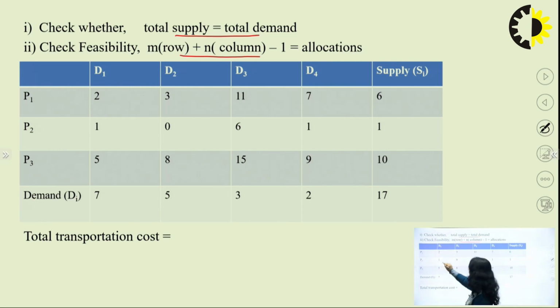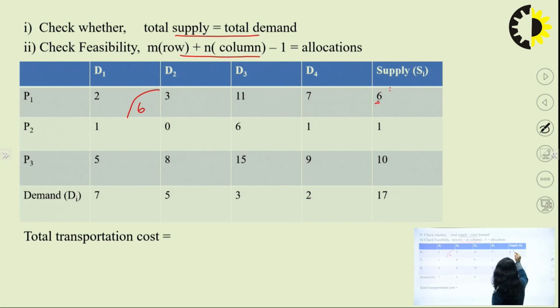So first we have to select the cell 1 1, C11. This is the cell from which we are going to start this problem. Against this cell P1, the supply is 6 and the demand is 7, so we can satisfy the demand of 6 only.